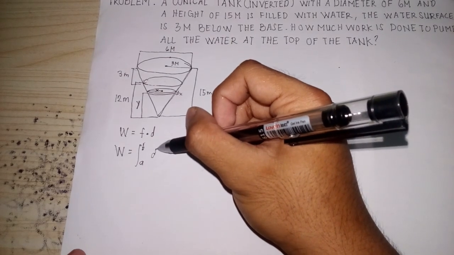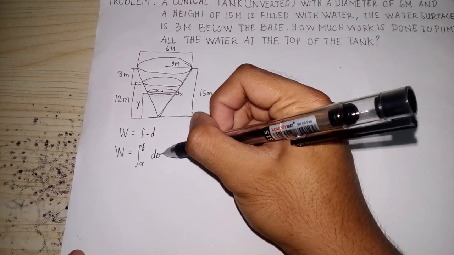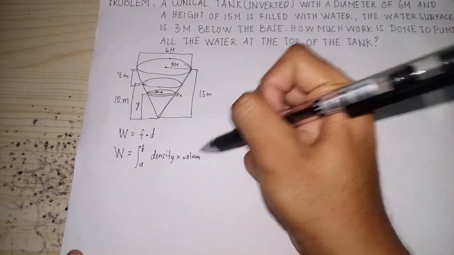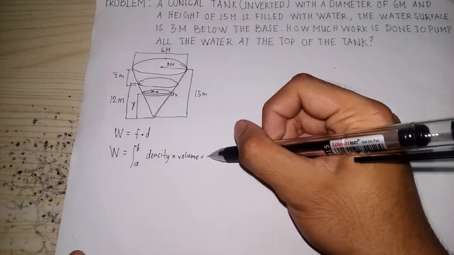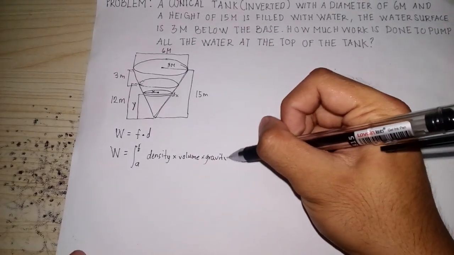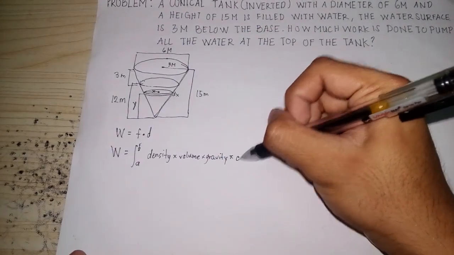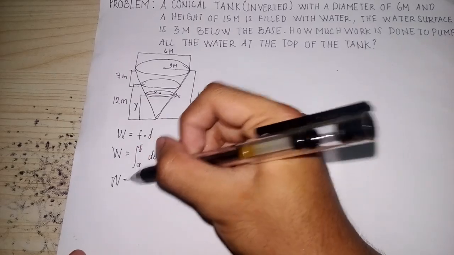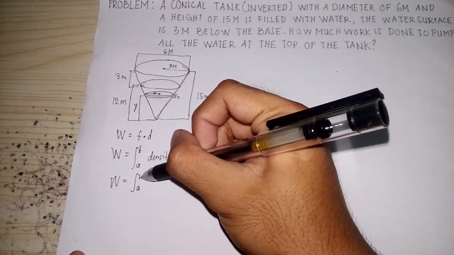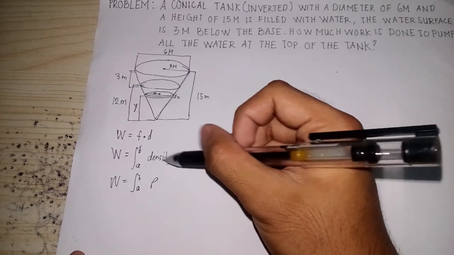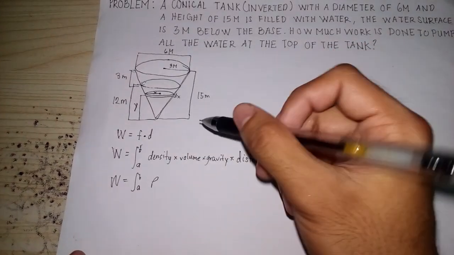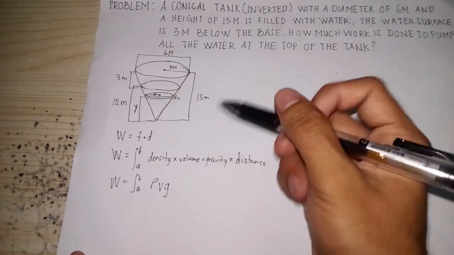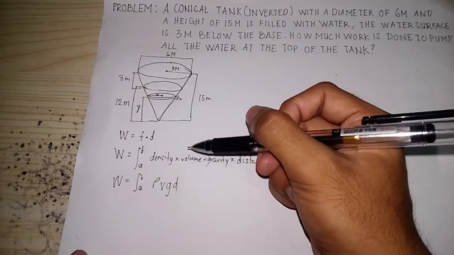Therefore we get density times volume, of course, times gravity, and lastly, times our distance. So our final formula would look like this: the integral from a to b of density times volume times gravity times distance, or ρVgd.